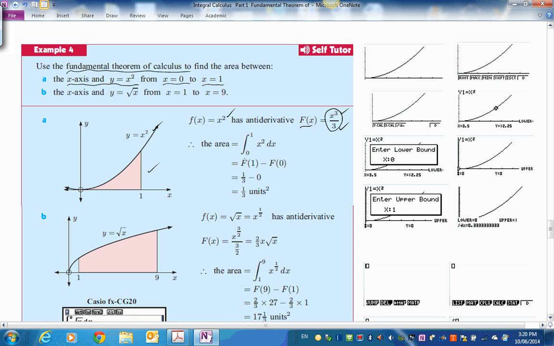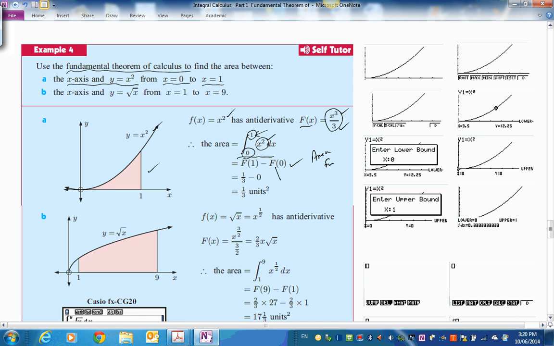But the area is written like this, reflective of an infinite number of rectangles drawn from 0 to 1 under the curve x squared. We can't do that, but we know if we say that that is the antiderivative evaluated at 1 and then subtracted at 0, that was our definition of the area function, wasn't it?